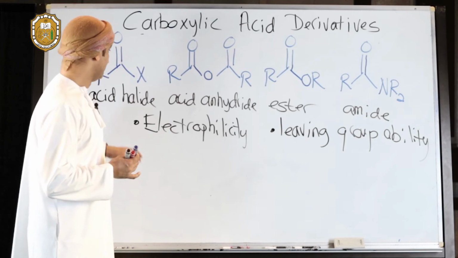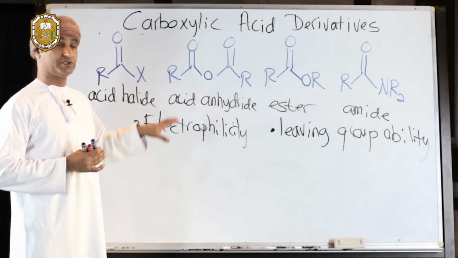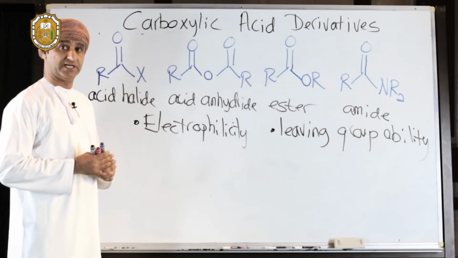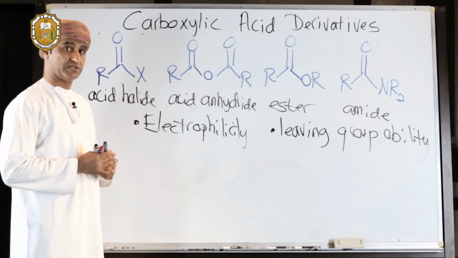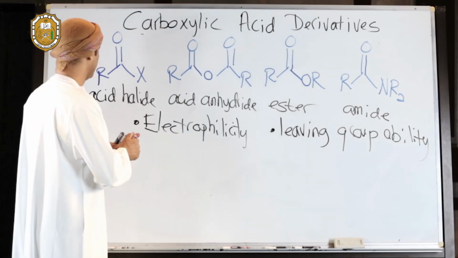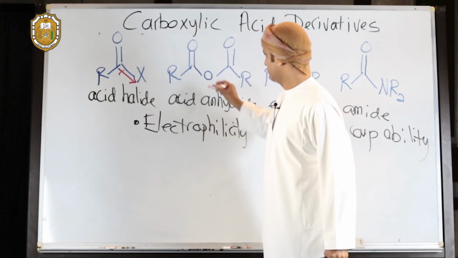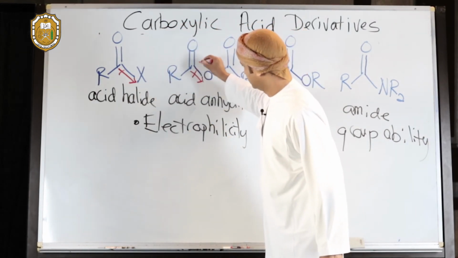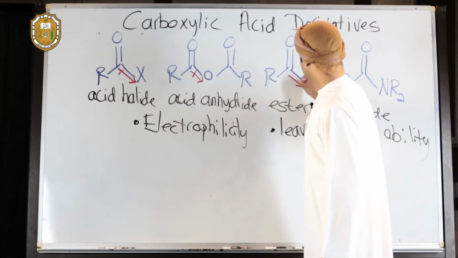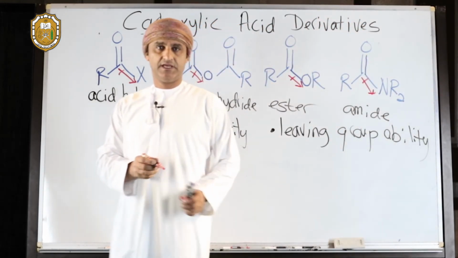Now, halogens X are more electronegative than oxygen. We'll talk about details in due course, but in general, halogens are more electronegative than oxygen or nitrogen, so their inductive withdrawal is higher. Oxygen, of course, is still an electronegative atom, but less than X in general. Nitrogen is even less electronegative than oxygen.